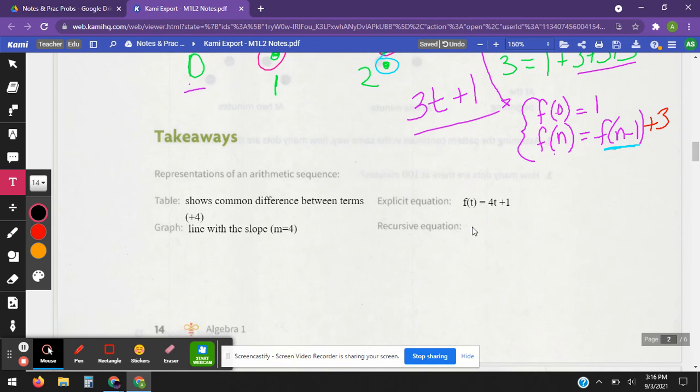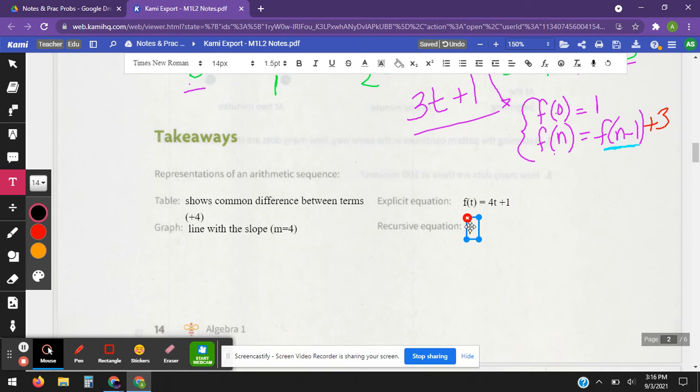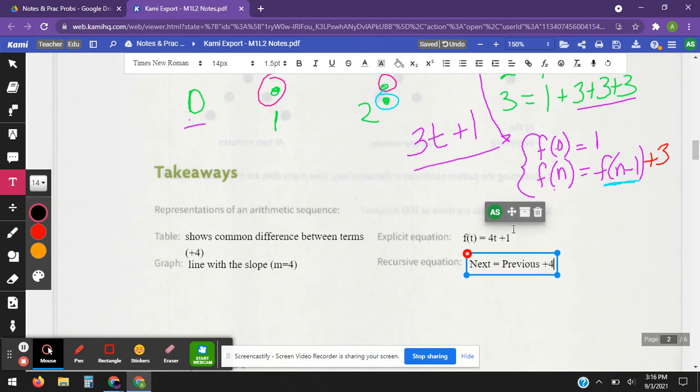We'll use it above. And so then the recursive would be the next term equaled the previous plus 4. And this is the notation, how you would write it before, but that's the idea. That's the idea behind it.